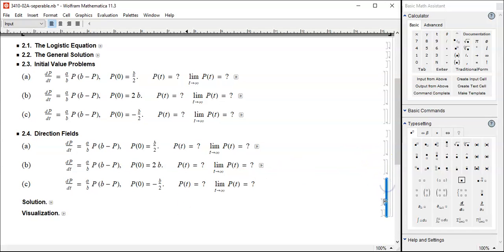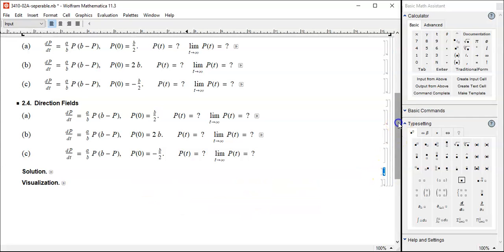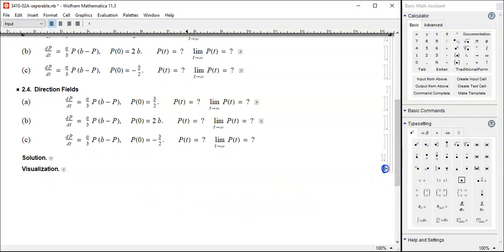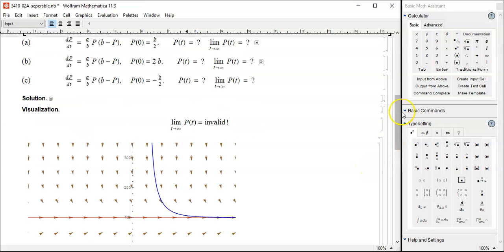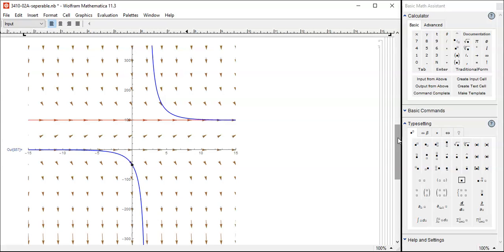You plug this initial condition into the general solution here, and then solve for C, and you can do that. I'm going to leave the details to students. And then if you superpose it to the direction field, this is what you're going to get. Negative population just goes down to negative infinity.